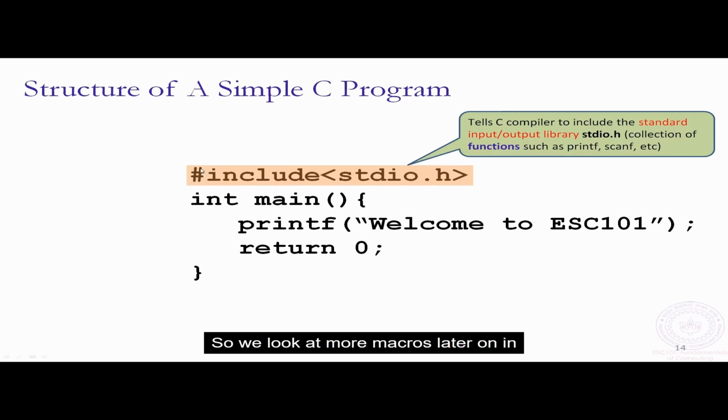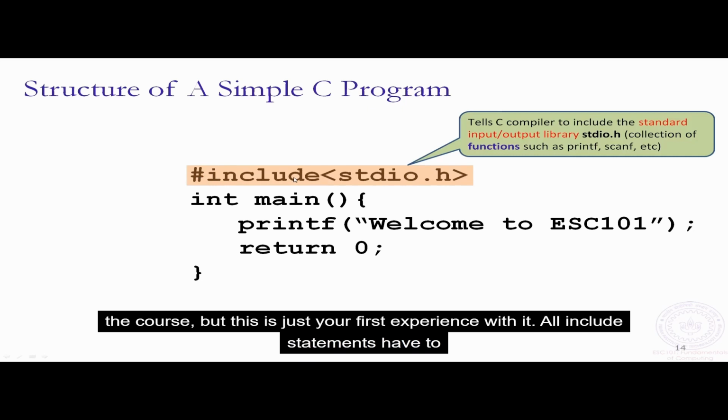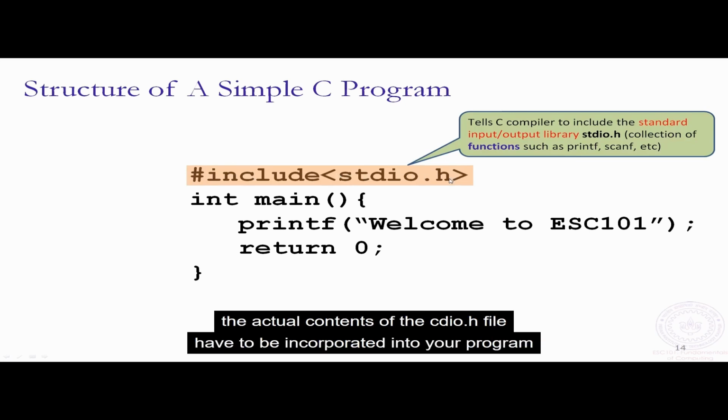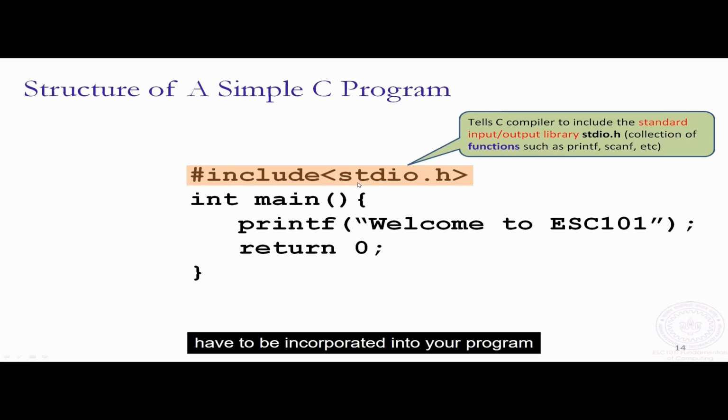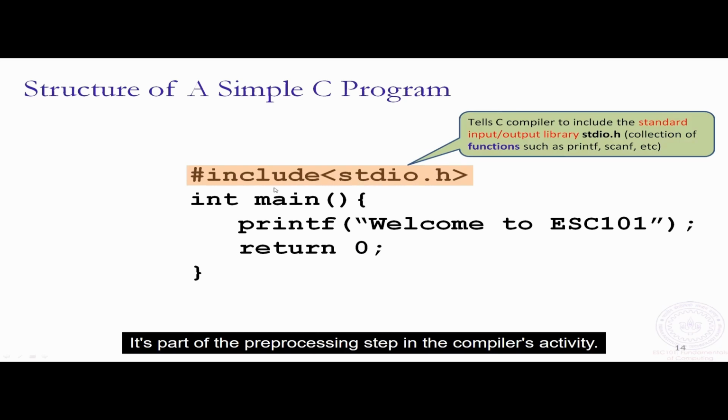So we'll look at more macros later on in the course, but this is just your first experience with it. All include statements have to be macroed because they have to be expanded. The actual contents of the stdio.h file have to be incorporated into your program before you send it to compile. It's part of the pre-processing step in the compiler's activity.